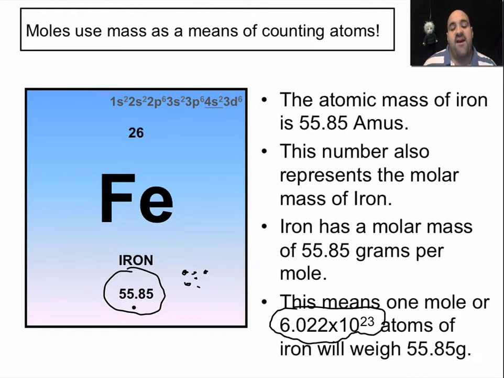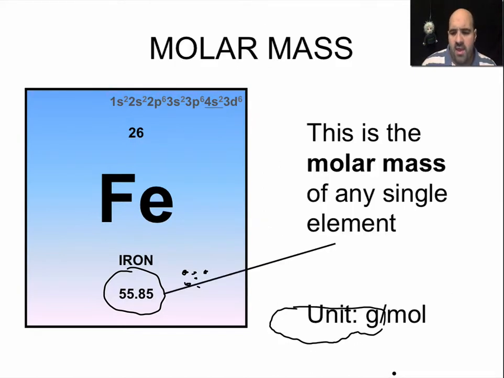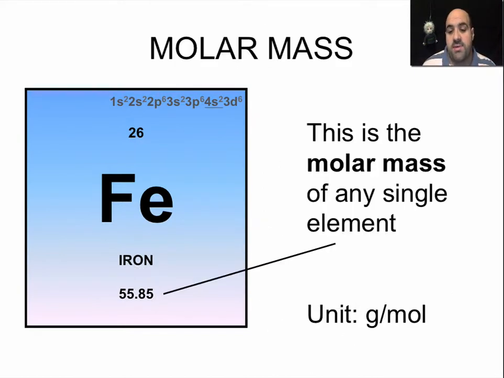It tells me that there's 55.85 grams per mole. So this many atoms of iron will weigh 55.85 grams. And again, the unit is grams per mole. And this not only applies to iron, but to every element on the periodic table. This bottom number is the molar mass, or formula mass.